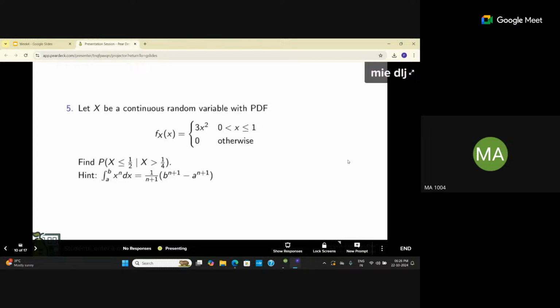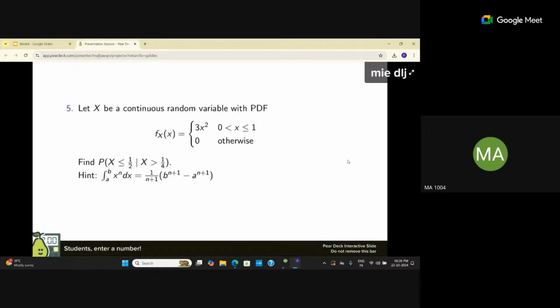Yeah. So this is your next question. Let x be a continuous random variable with this PDF. Then you have to find this conditional probability: x is less than or equal to 1 by 2, given that x is greater than 1 by 4.